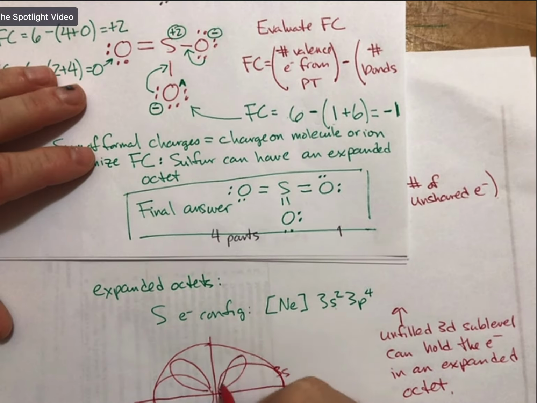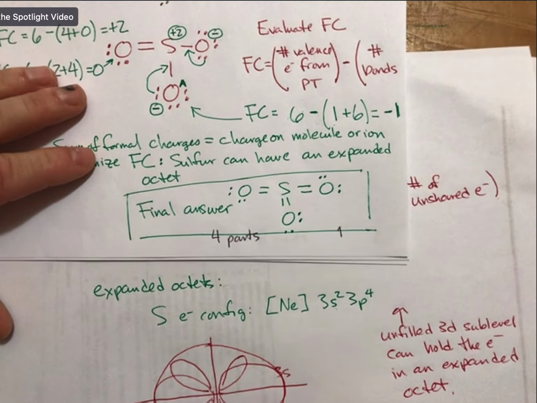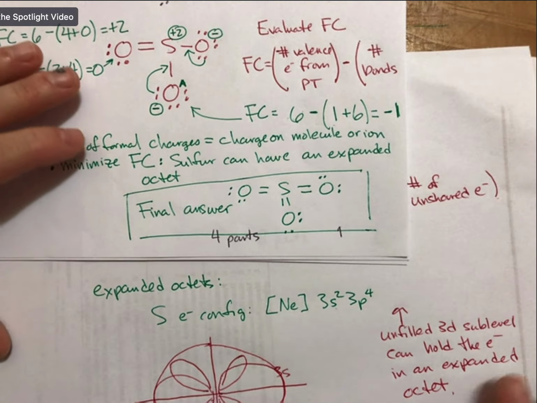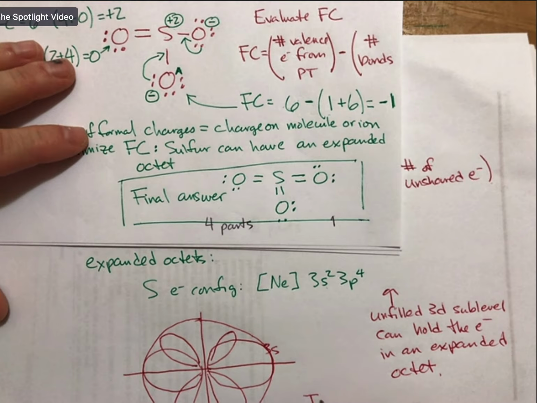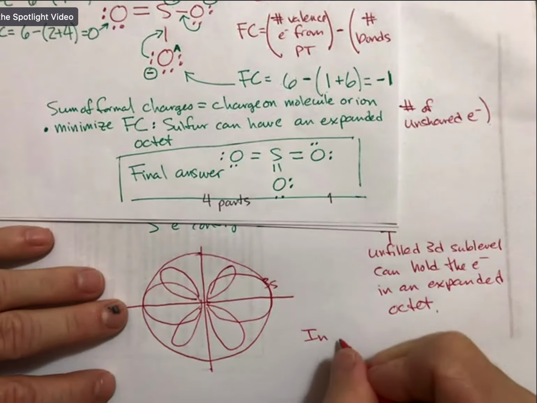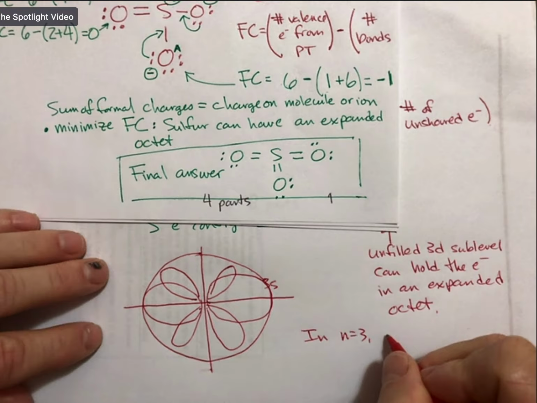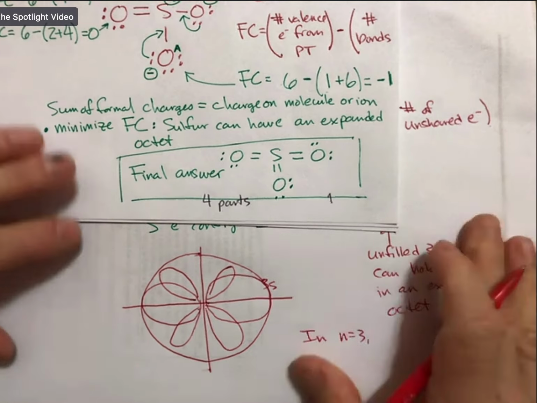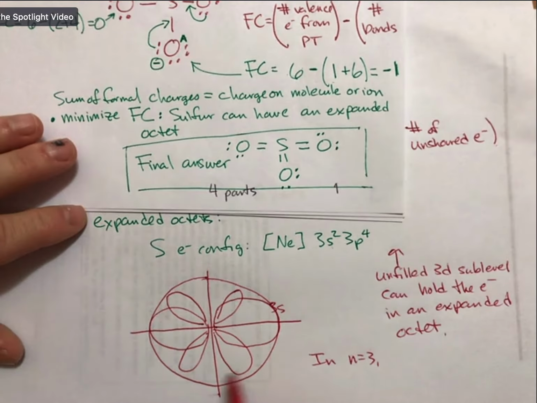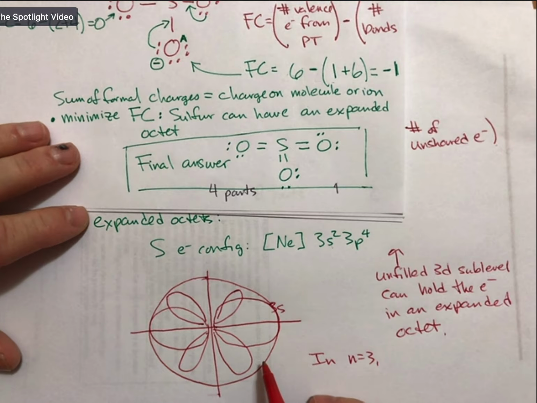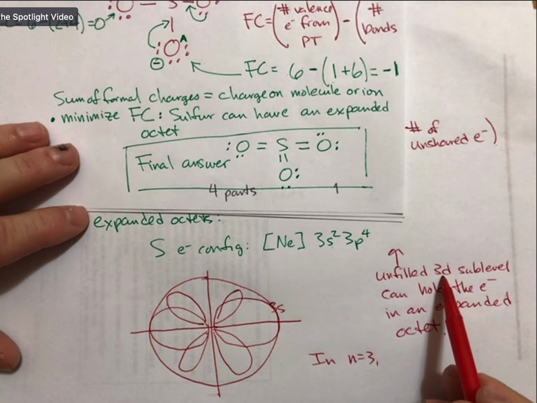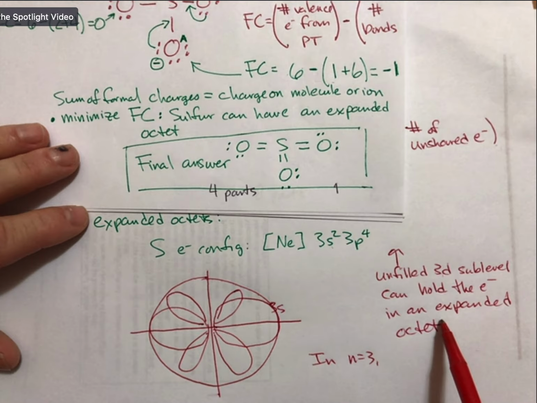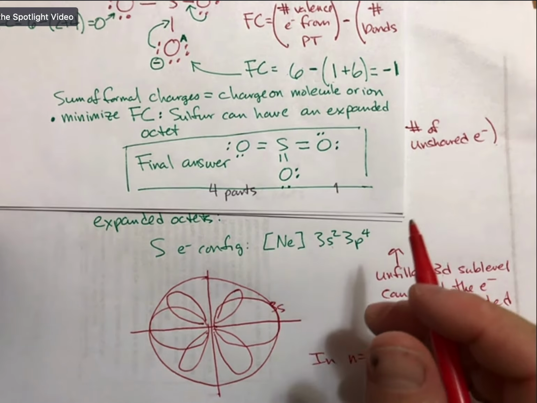And the 3d's have more or less 4 parts. Our idea is that in the n equals 3, we are stuffing electrons into the same volume, the same sphere of space. And it will turn out that you can stuff electrons into 3d. And that's where the electrons go.